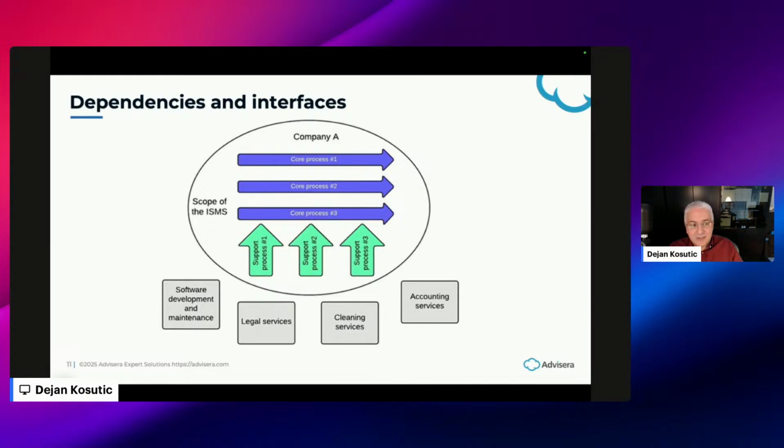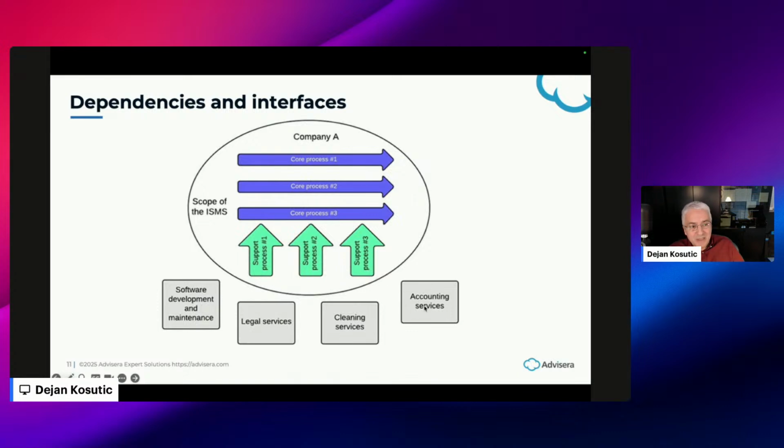And in this case, your financial and tax reporting depends on these accounting services. So basically, you're dependent on this external service. And this is what dependencies mean. What do you depend on to operate your normal business? So you're dependent on accounting services, you're dependent on cleaning services, legal, and so on. So these are the dependencies.